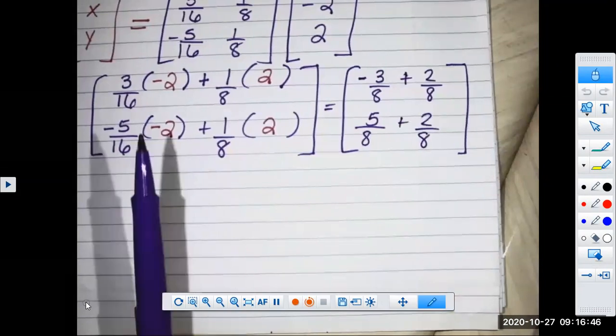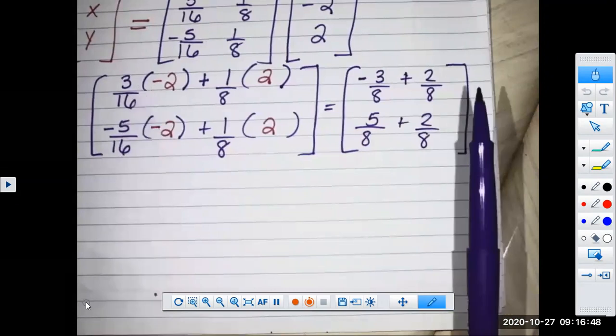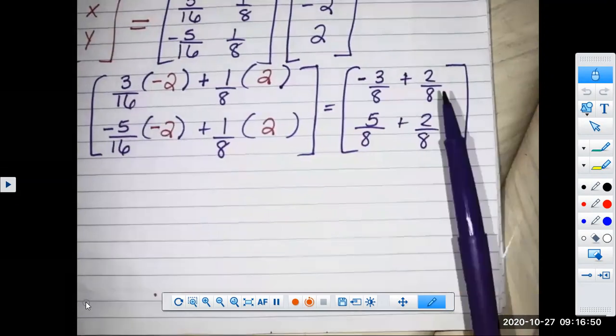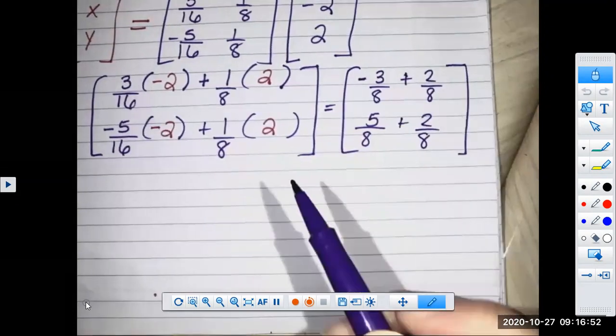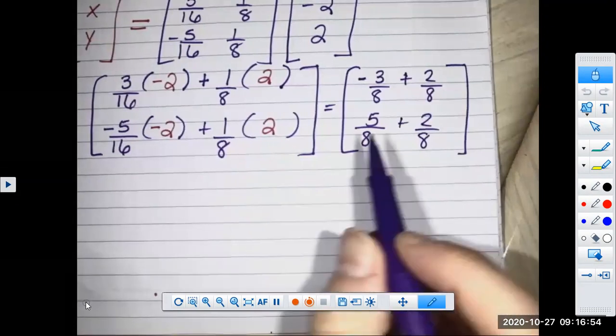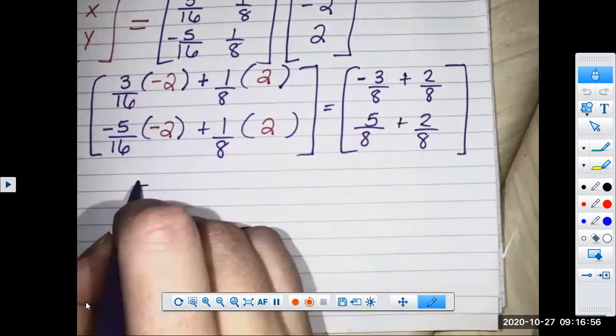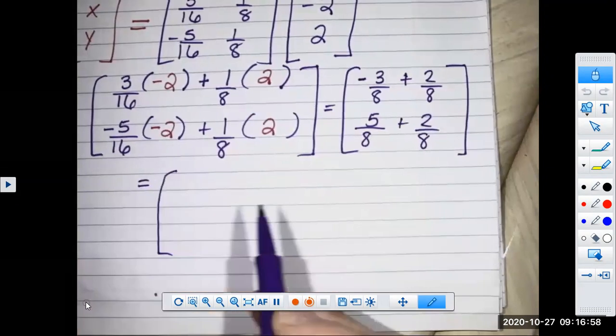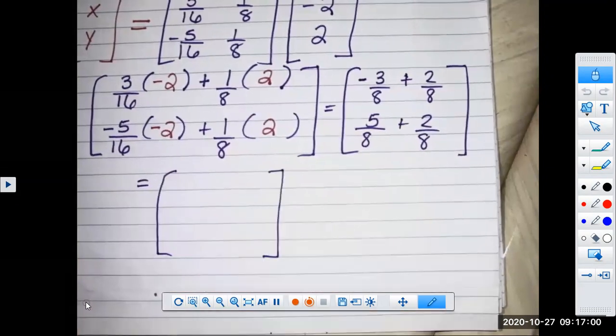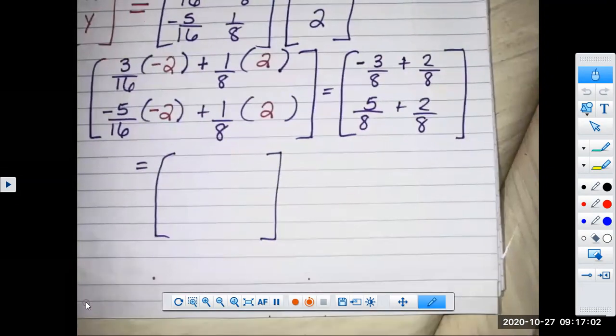Okay, I'll go through and multiply, of course, and then I left them to where they would have a common denominator instead of reducing 2/8 to 1/4. And then finally, once we add, we are good to go.